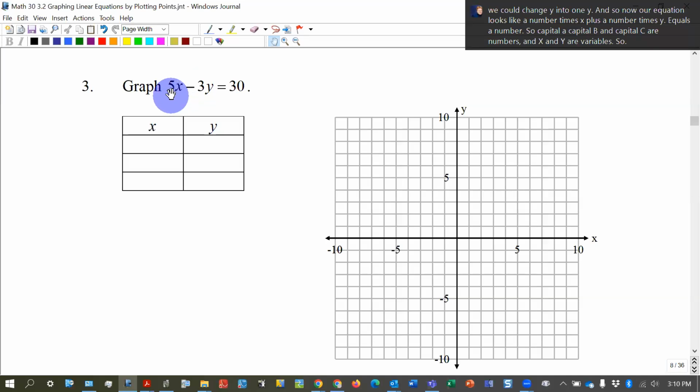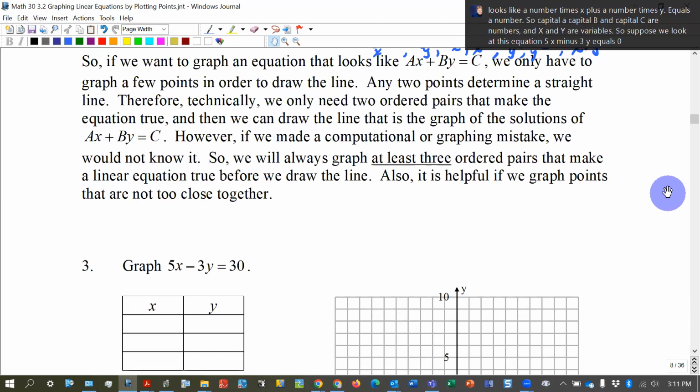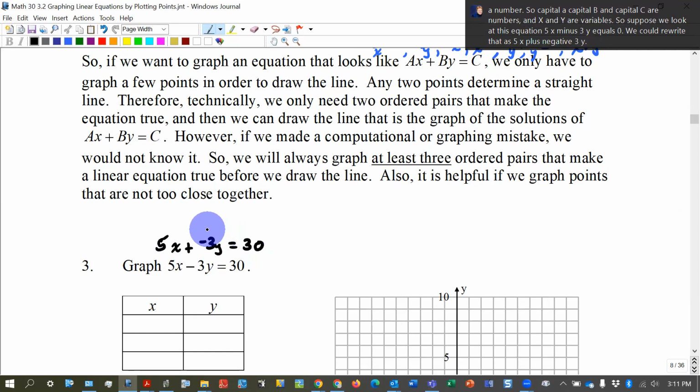So suppose we look at this equation, 5X minus 3Y equals 30. We could rewrite that as 5X plus negative 3Y equals 30. And so now that looks like a number times X plus a number times Y equals a number.